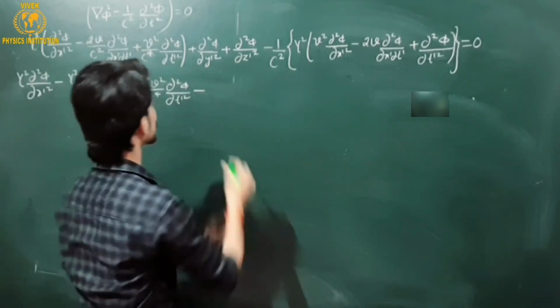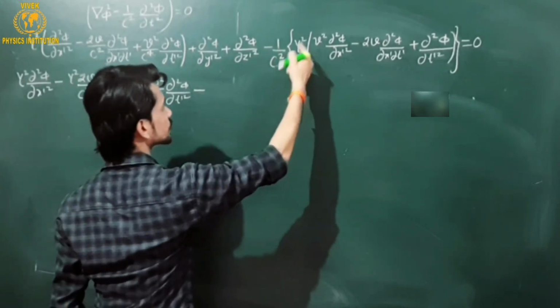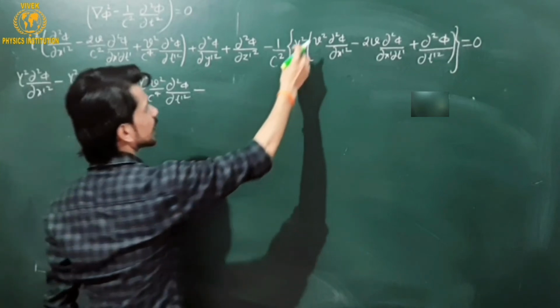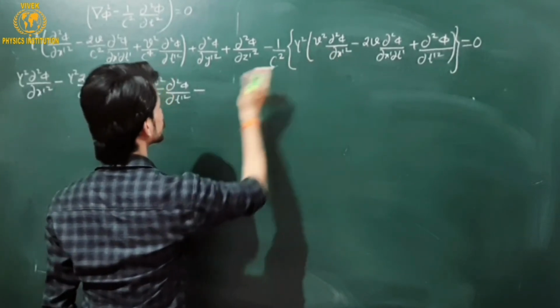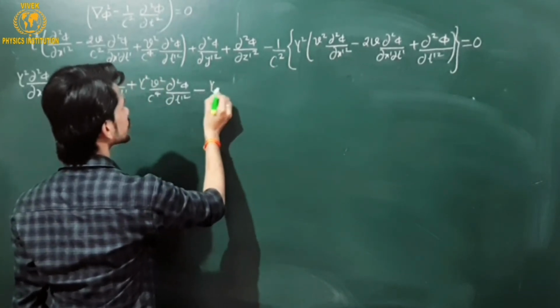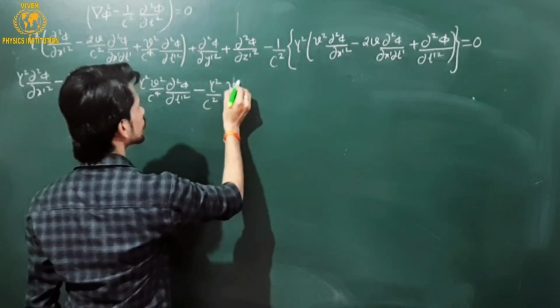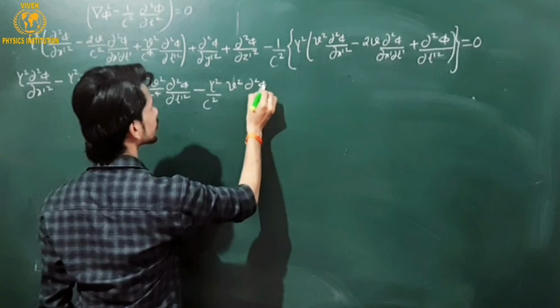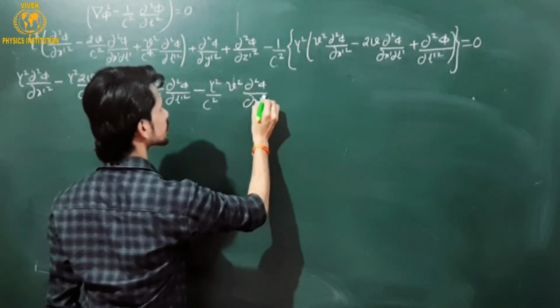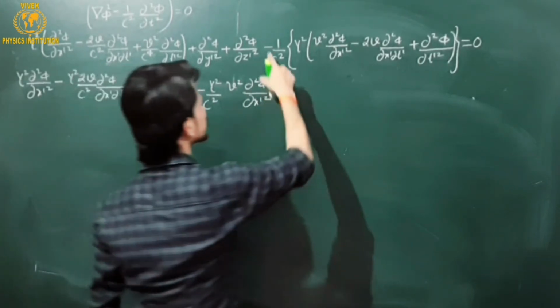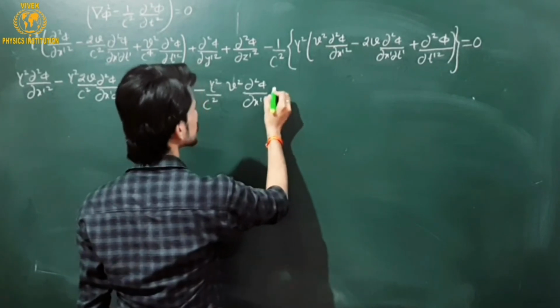So this is minus 1 upon c square gamma square. So gamma square over c square will be multiplied with this factor. So this is gamma square over c square with this v square into del square phi upon del x dash square. This minus and minus will get plus.